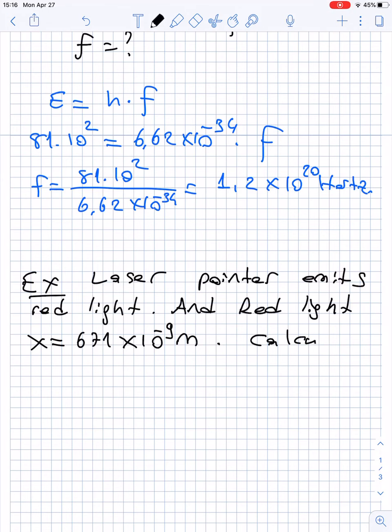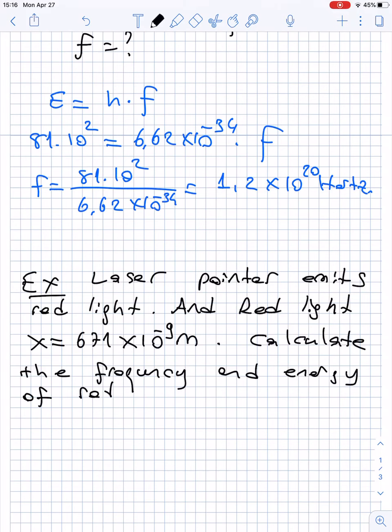Calculate the frequency and energy of the red light.